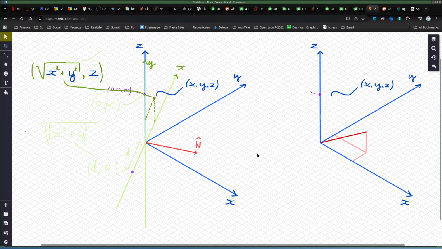I guess it doesn't really matter how you point a normal, there is always going to be a line in the XY plane.